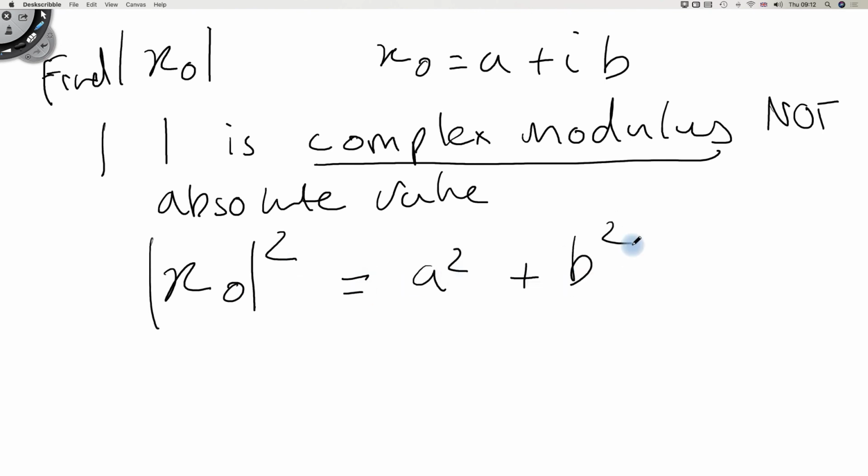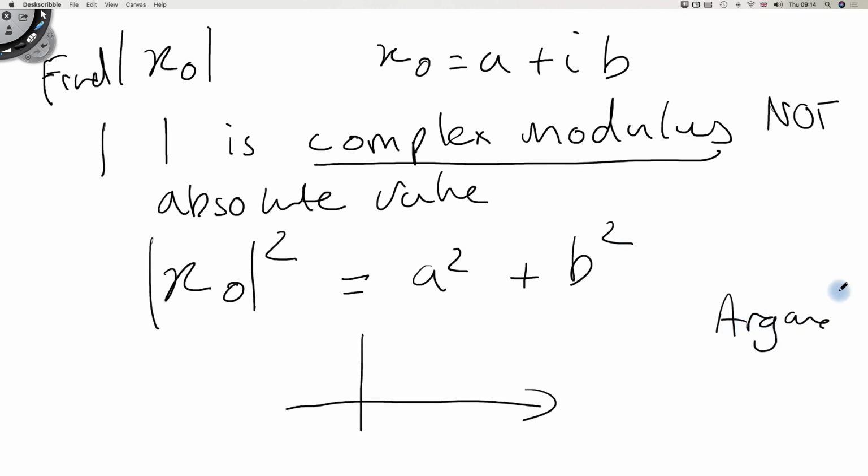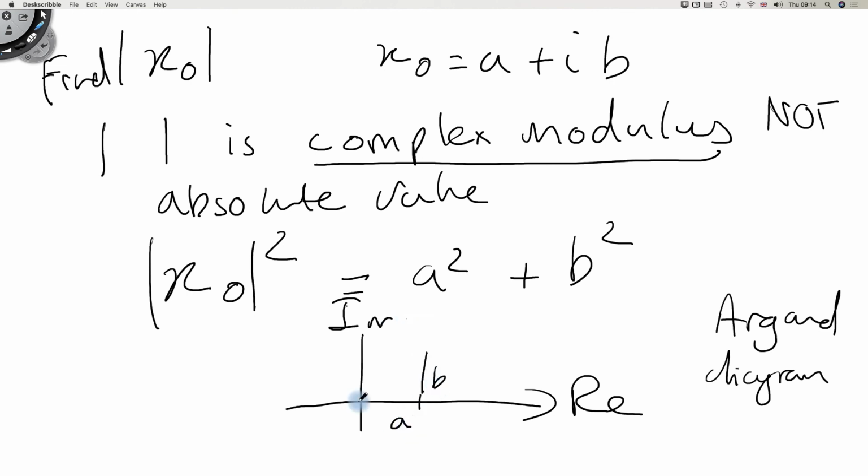Remember, when we have complex numbers, we're on an Argand diagram with the real part and the imaginary part. Of course, a lies along one axis and b lies along the other, and x0 is the hypotenuse, so you're using Pythagoras. This should all be revision of complex numbers, but I'm conscious that it's one thing to learn it in one context and sometimes harder to apply it in another.